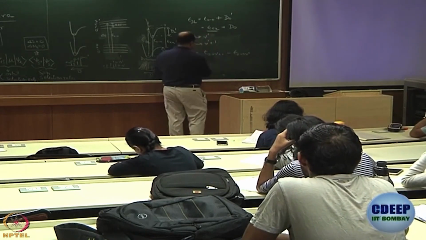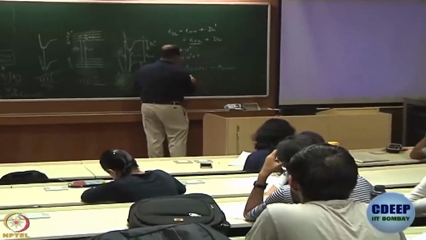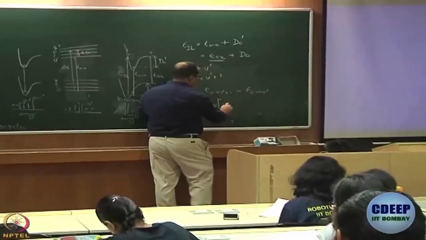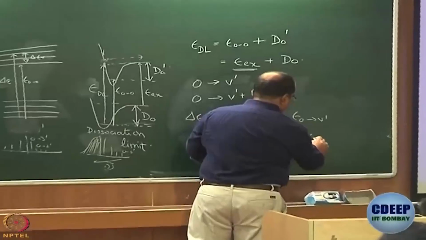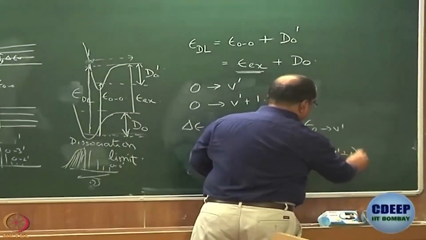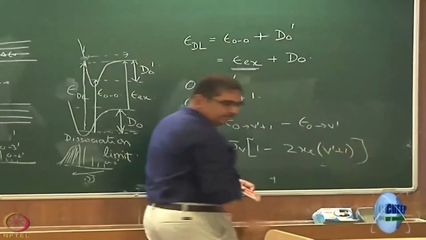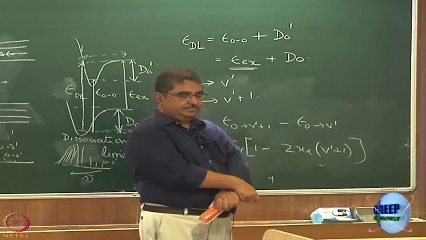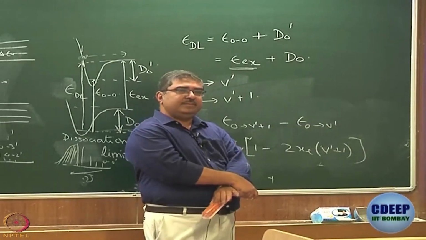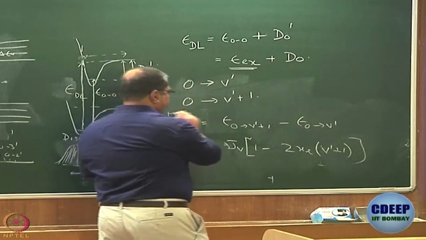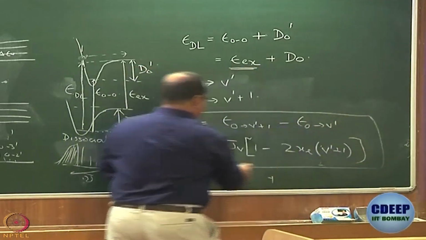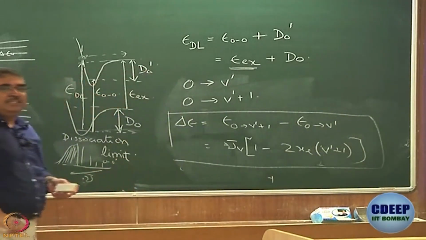Something like this, nu bar v 1 minus 2 x c v dash plus 1, something like this, right. This is what we get. What is this delta epsilon?